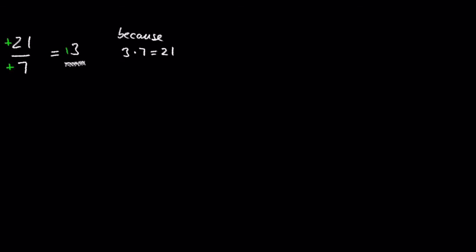The answer is positive. The 21, which is getting divided here, is called the dividend. And the number 7, which divides the 21, is the divisor. And the number which we get as a result is the quotient.